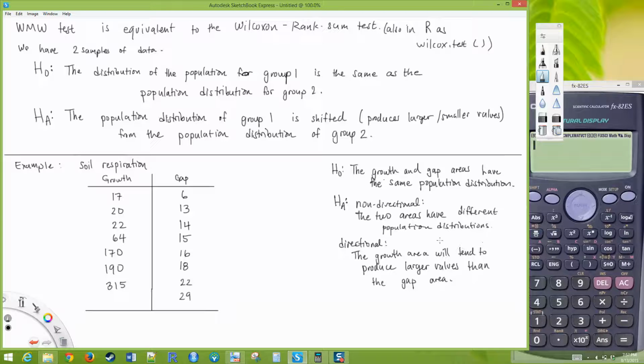So we can choose whichever alternative we want.